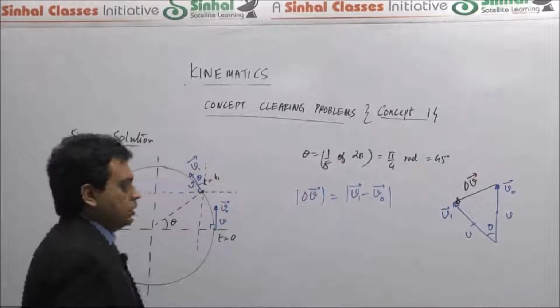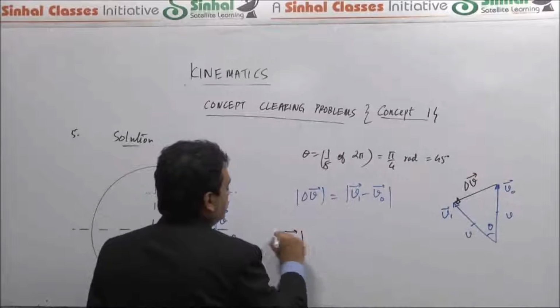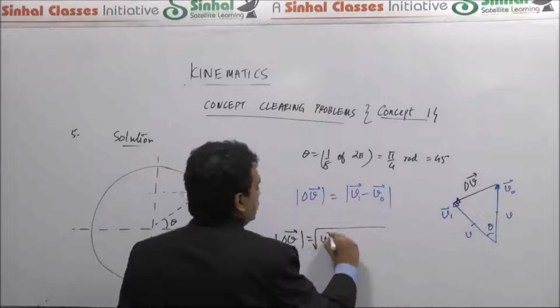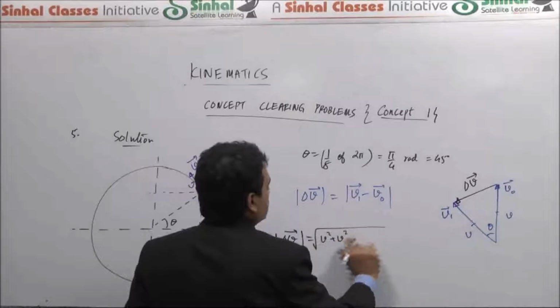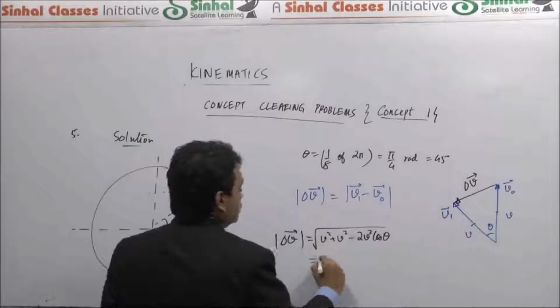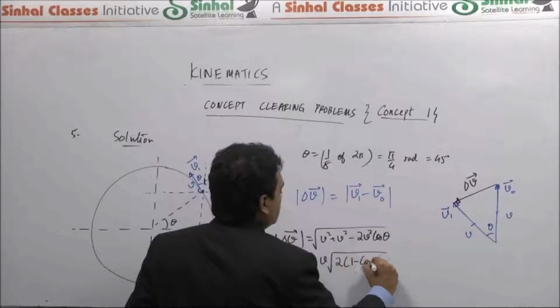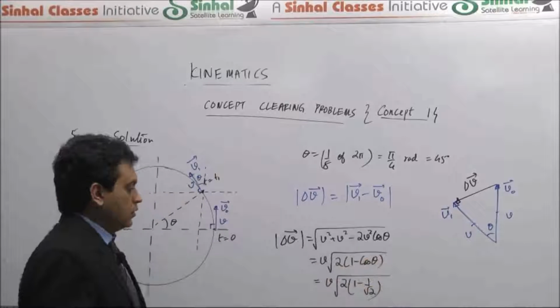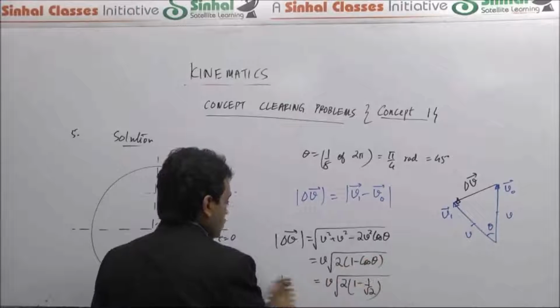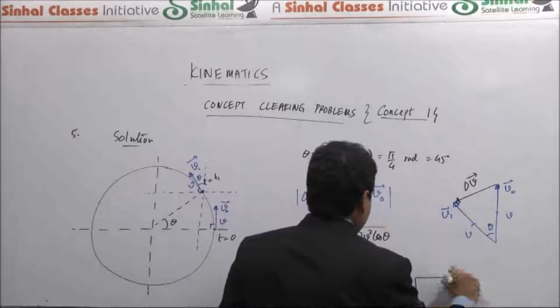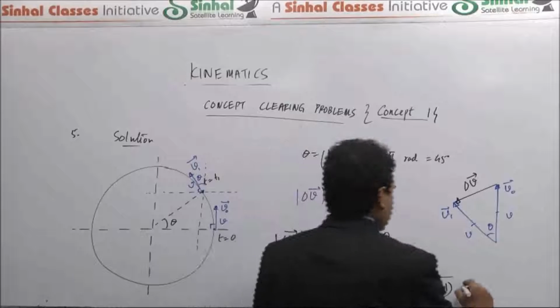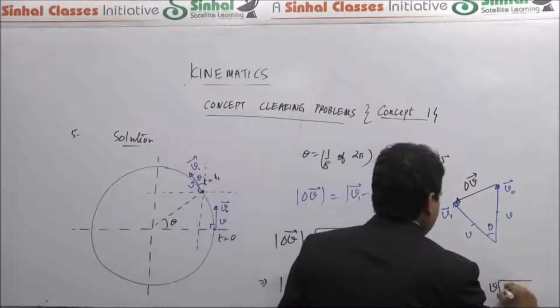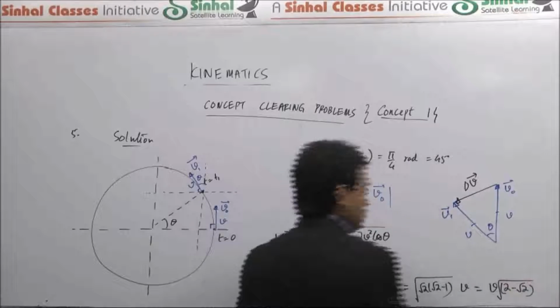That would be our delta v, right? So delta v's magnitude would be square root of, theta being 45, right?